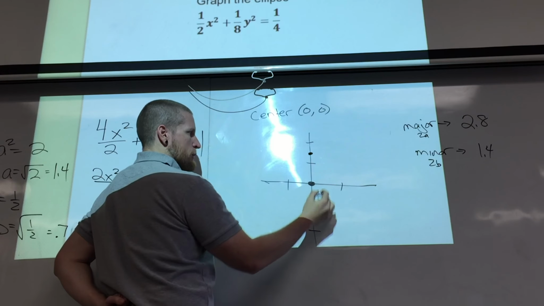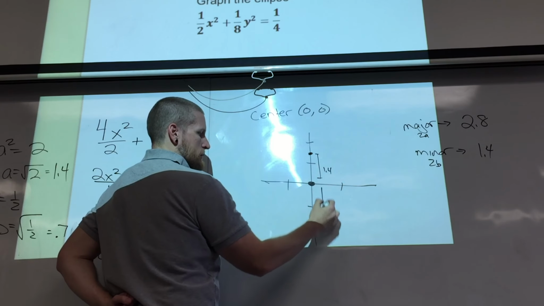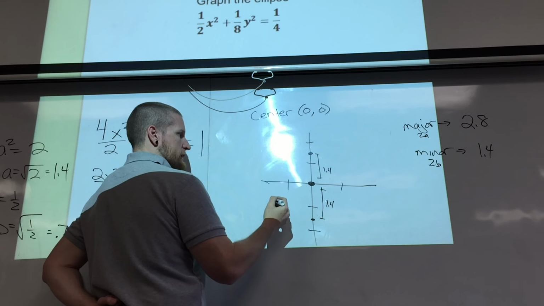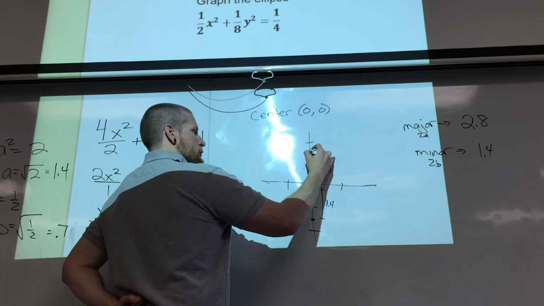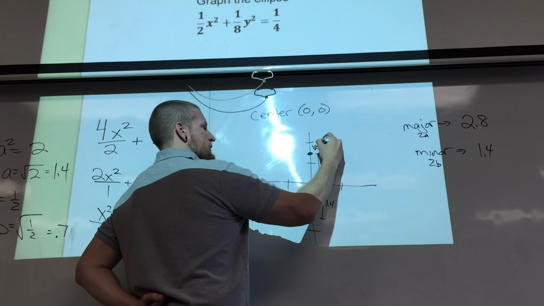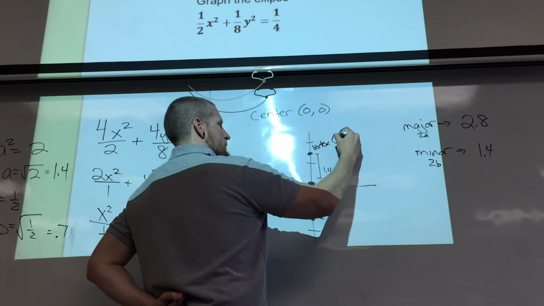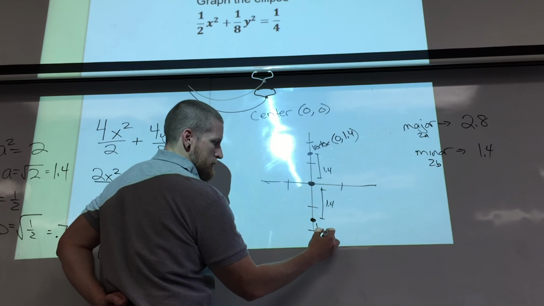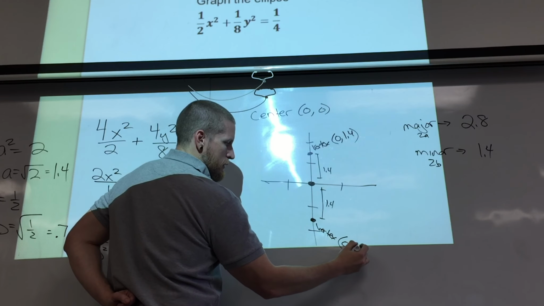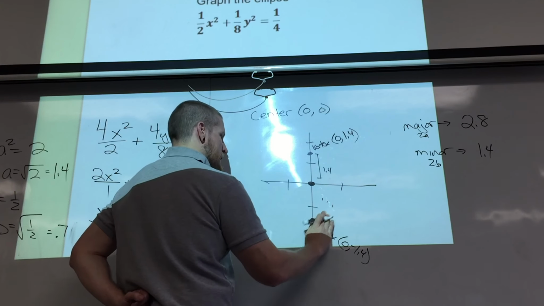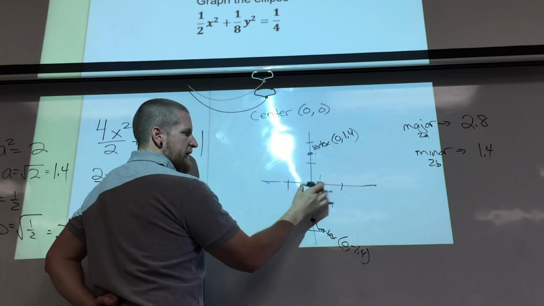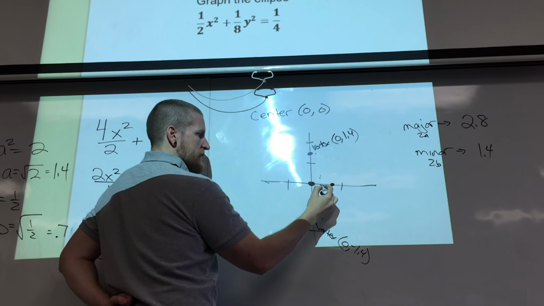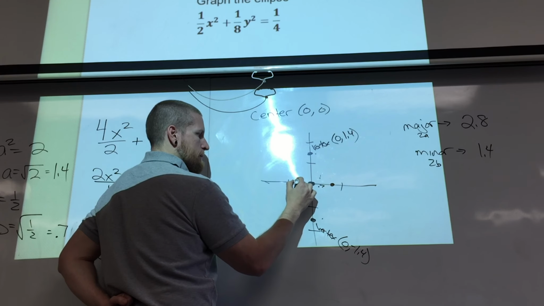From here to here is 1.4, and there to there is 1.4. Which means this is a vertex at 0, 1.4. And this is the other vertex down here at 0, -1.4. The minor axis is going horizontally. So this should be a value of 0.7, and this one should also be 0.7.